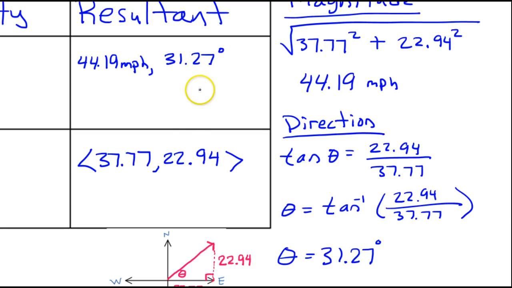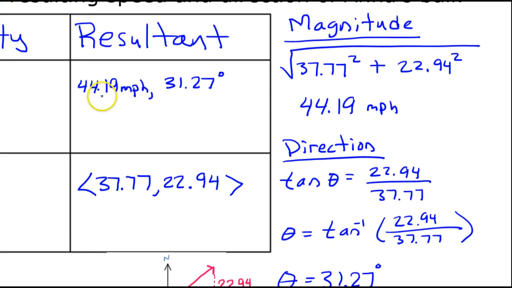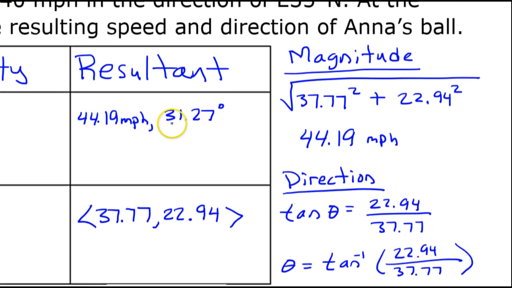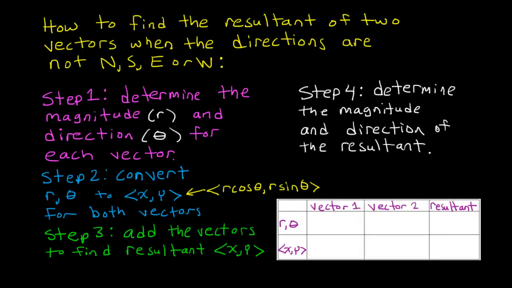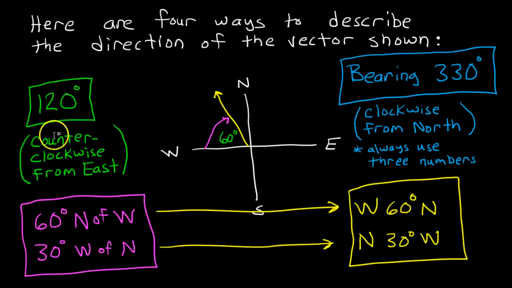Now, there's only one more thing that we need to do. This is basically the answer. We've got the magnitude, we've got the direction. There's just only one small thing. The directions are given to us in another form. We were given directions like east, 35 north. We were not given directions in this manner where we just have an angle measured counterclockwise from east.